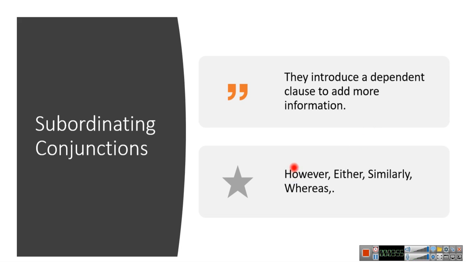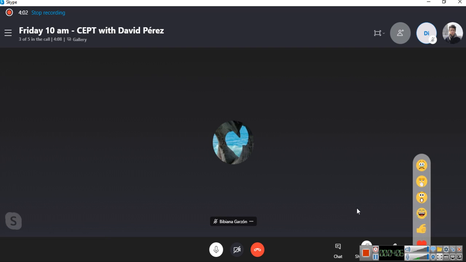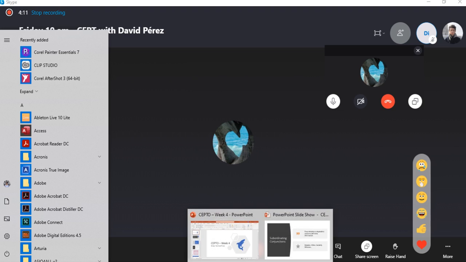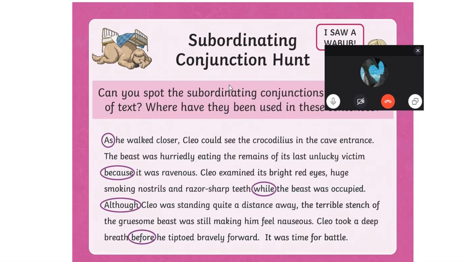We have however, either, similarly, and whereas. Right? Those are subordinating conjunctions.